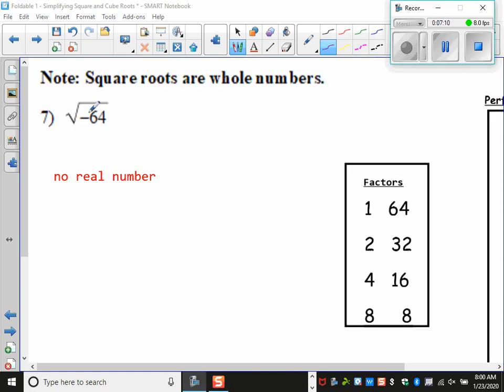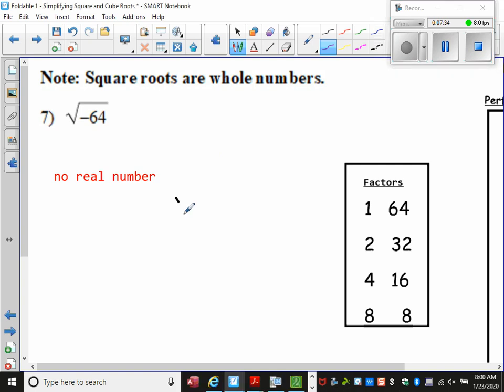Getting into what happens if there is a negative square root, that means there's no real number, because there are no two numbers that you can multiply together to get -64. That's what square root means.